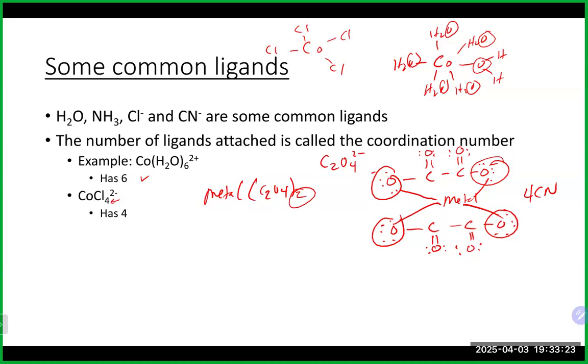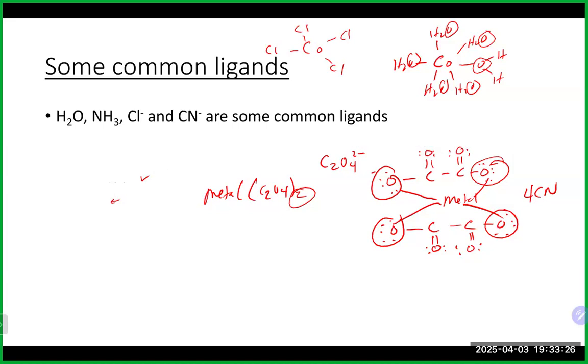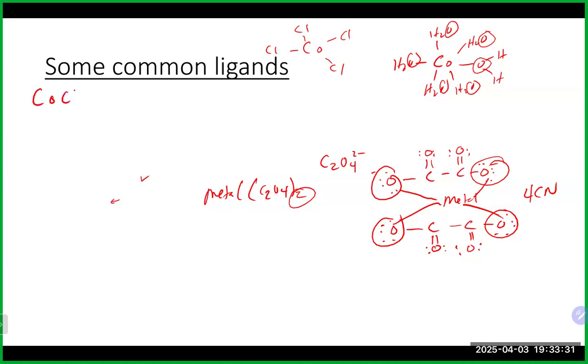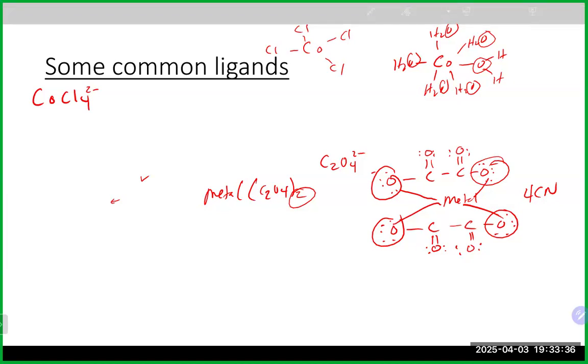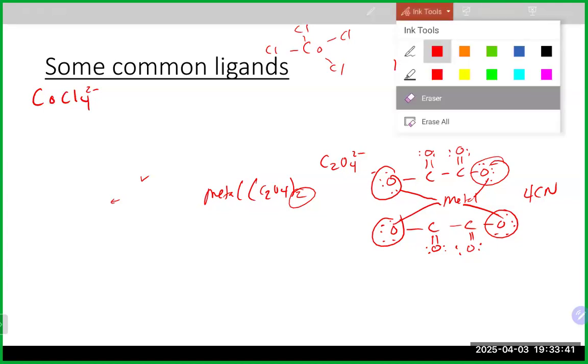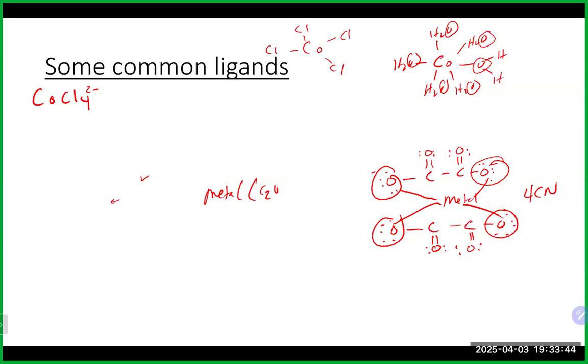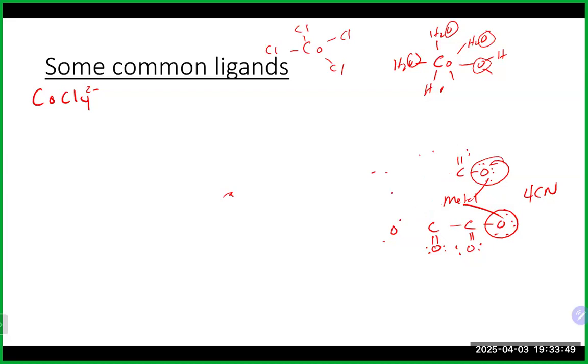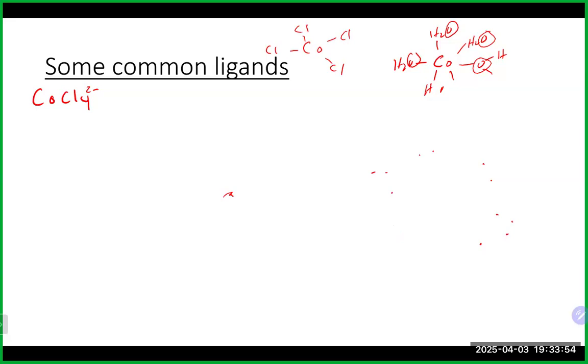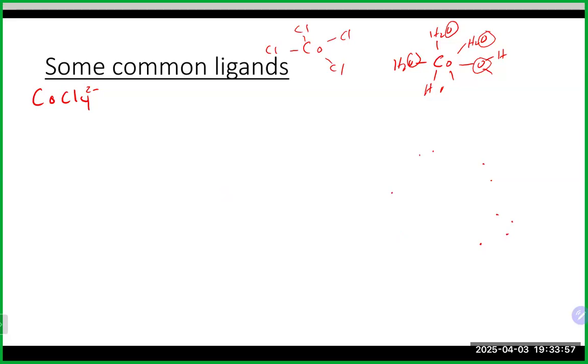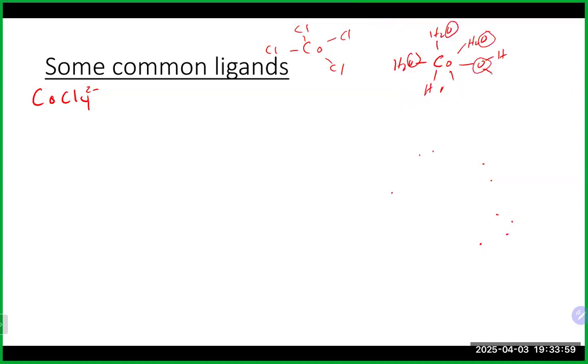So, for example, if we looked at the CoCl4 2-, what happens is cobalt is going to accept each of those ligands in a stepwise fashion. It's very similar to how hydrogens are lost in diprotic or polyprotic acids.